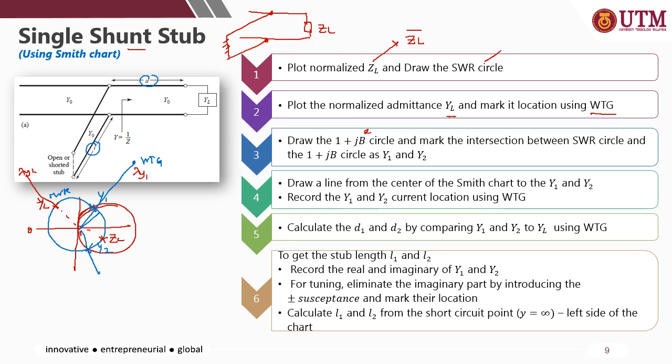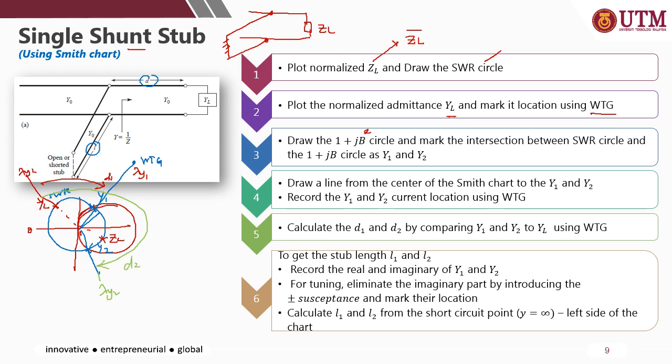So you can calculate d from the load to the stub, so this is d1, and the other one from the load to the second point, here is lambda Y2, so you get your d2.